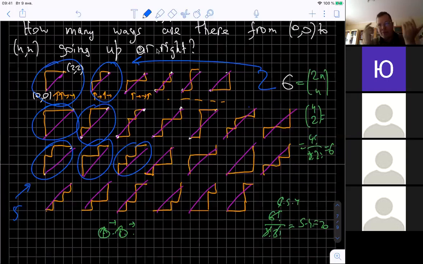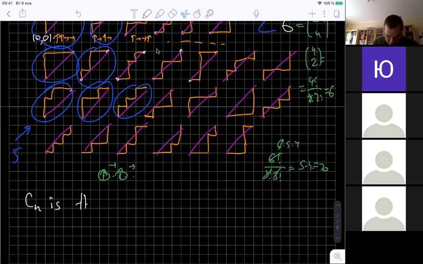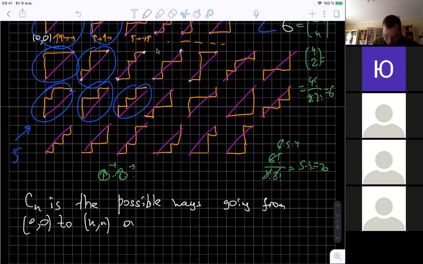So again, we have 2 and then 5 possible choices, and it is not hard to see that Cn is the number of possible ways going from 0,0 to n,n over the diagonal.